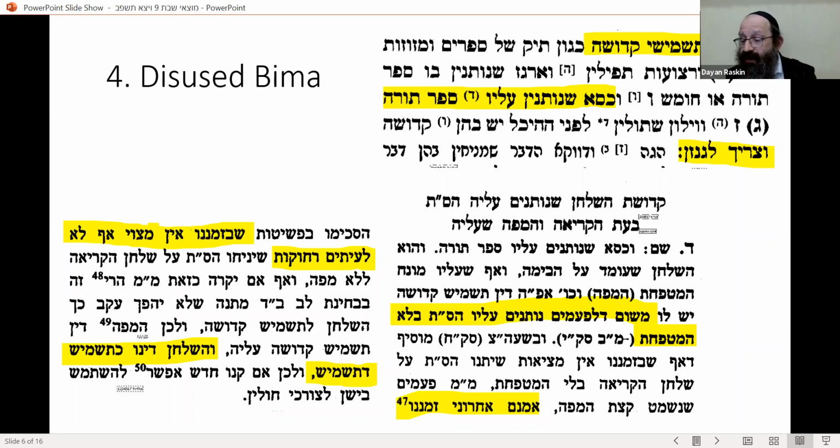The reason for this is, now you can ask, the Sefer Torah doesn't actually touch the wood of the Bima. So in what we've got here for a quote from Mishnah Berurah, I believe, even though the bima is covered with a cloth, nevertheless it's called a tashmish kedusha, because sometimes the Sefer Torah is placed directly on the wooden table, without the cloth.